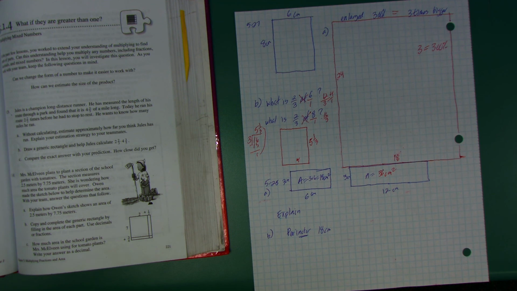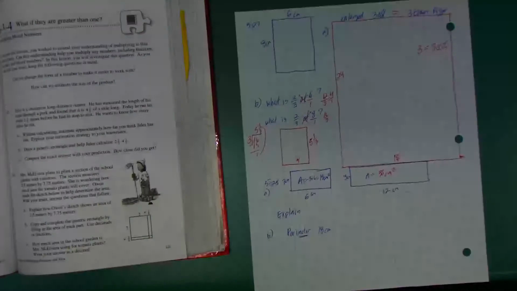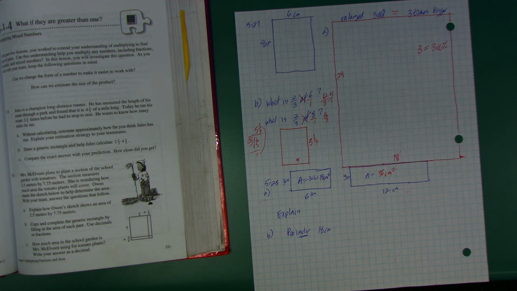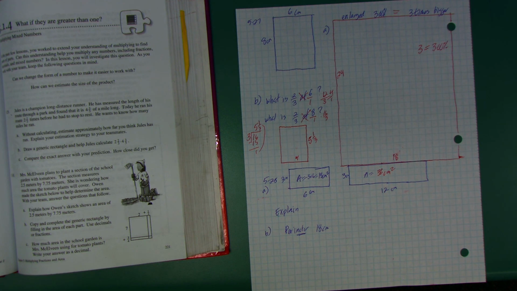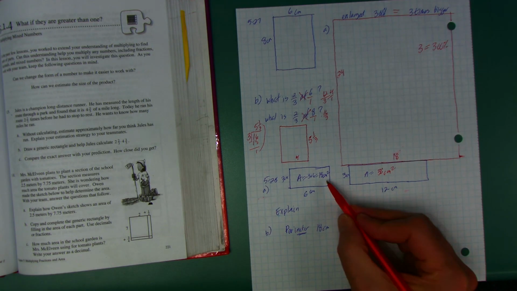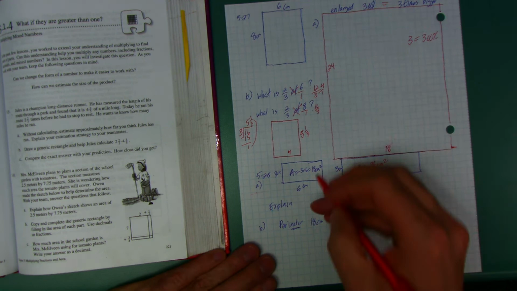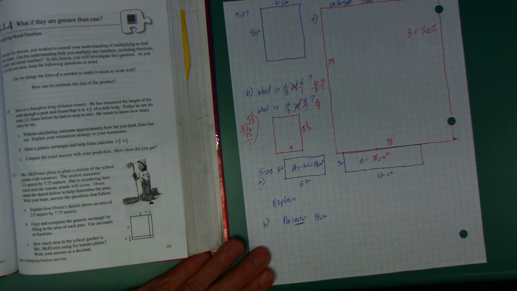Okay. Now, is her claim about the relationship of area and perimeter correct for all figures? For example, is there a way she could have a rectangle with a greater perimeter than this? The perimeter is 18. Greater perimeter, we want to make the perimeter bigger, but with the same area. The area is 18. Is there another way of getting the area of 18?